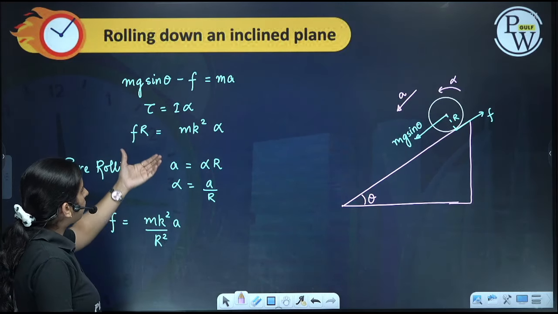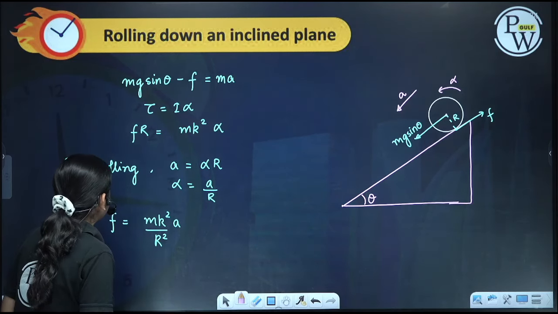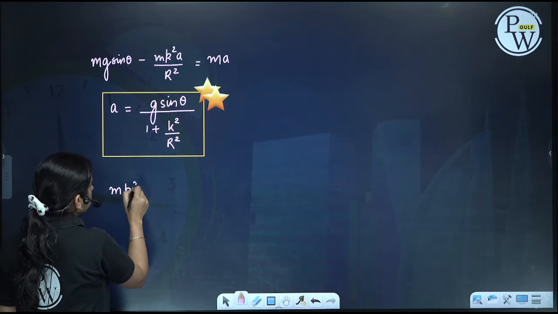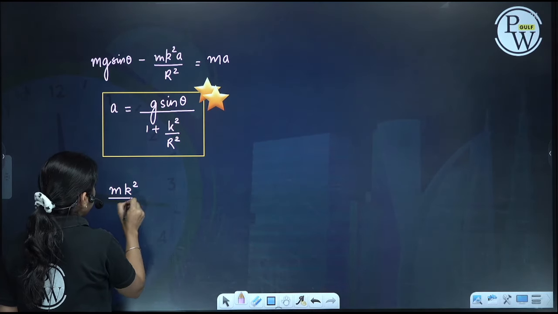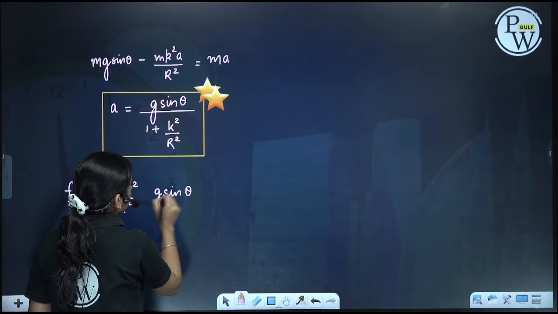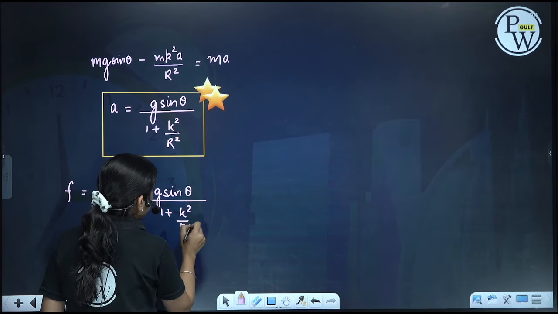Now let us calculate friction. Friction is mk square by r square into a. Substitute the value, so we will get mk square by r square into g sine theta divided by 1 plus k square by r square.